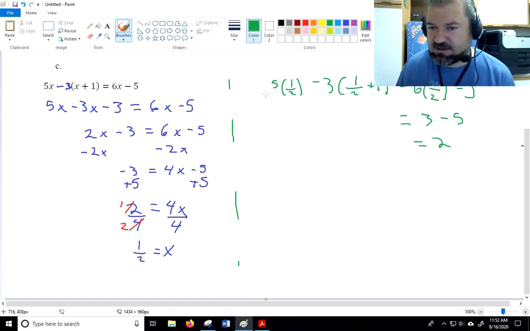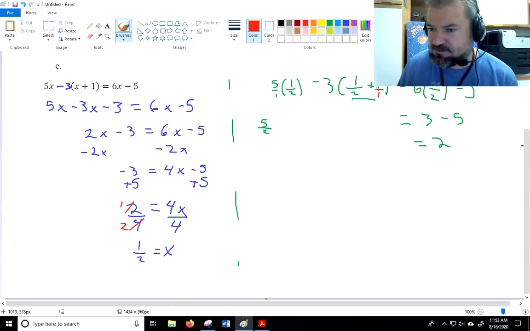All right, so I can't divide 5 by 2, so I'll multiply. 5 is 5 over 1. 5 times 1 is 5. And 5 over 2. Now, I'm going to combine these two here in the middle, right? We're going to add 1/2 and 1. 1 is 1 over 1.